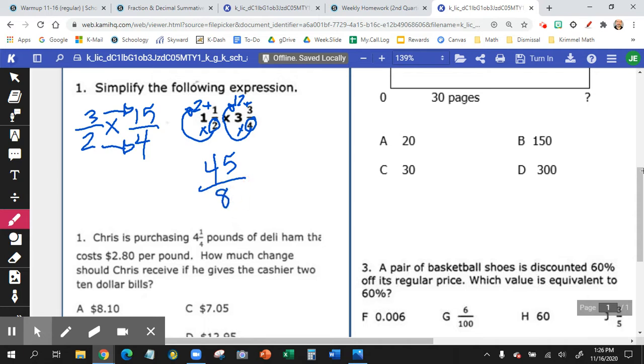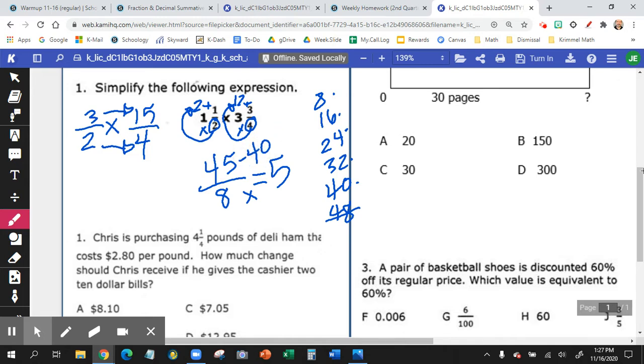And so this is an improper fraction, and we started talking about this in class. There is an imposter in the numerator. It's improper. The whole number is the imposter. So we want to figure out how many 8s we can get out of 45. So we could do 8, 16, 24, 32, 40, 48. 48 is too much, so we have 1, 2, 3, 4, 5. 8 times 5 is 40.